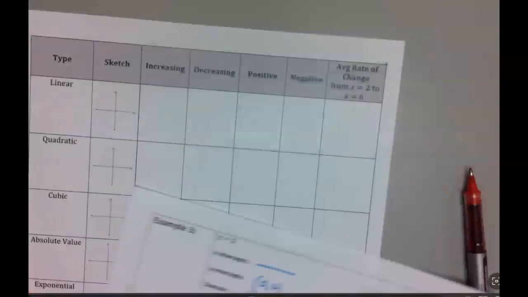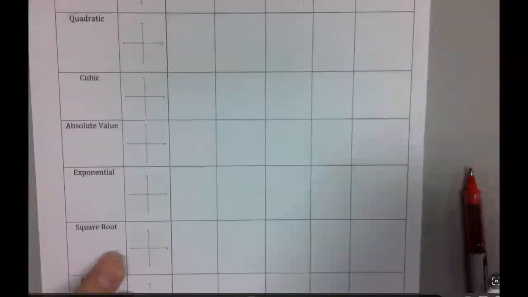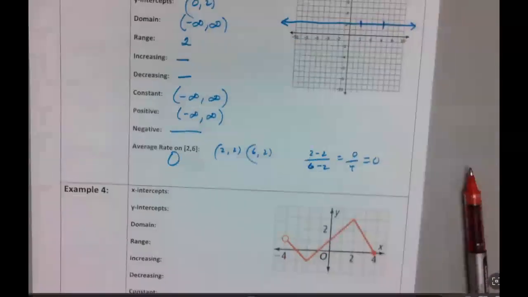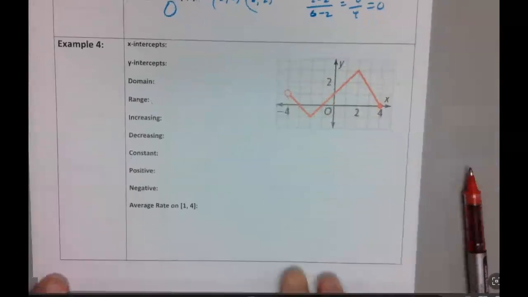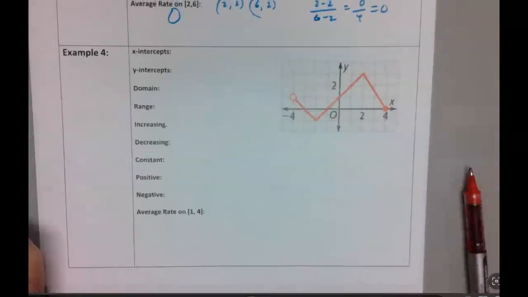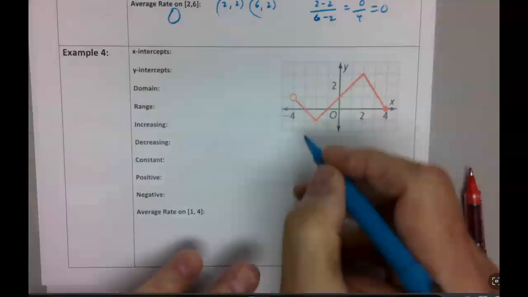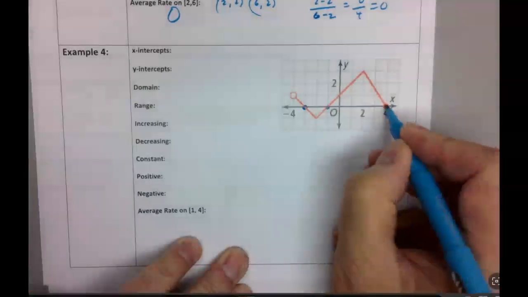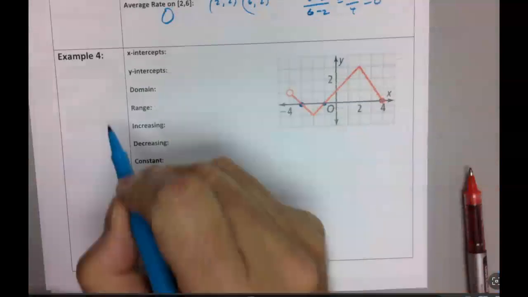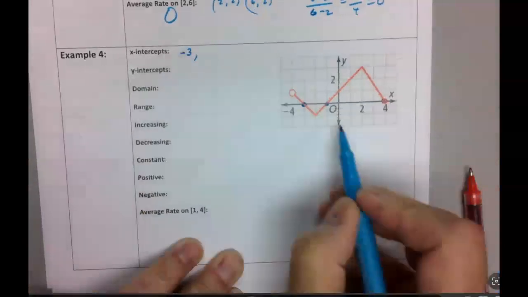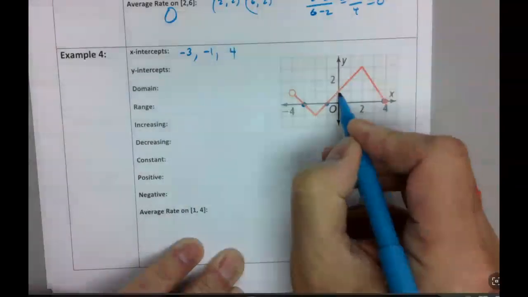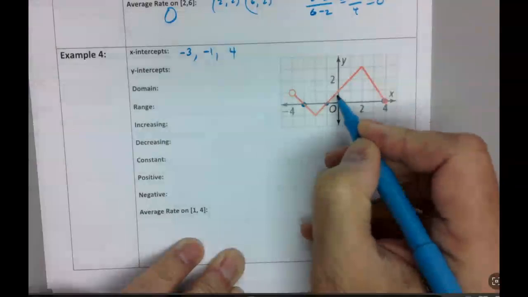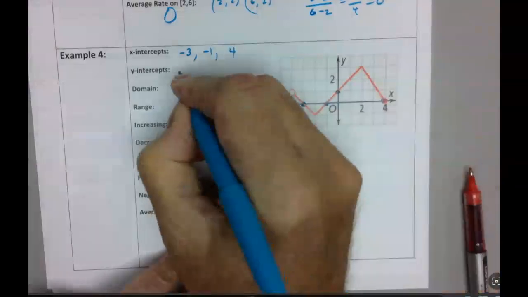All right. Example 4. Okay. So on this one here, my x-intercepts are here, here, and here. So my x-intercepts are negative 3, negative 1, and 4. My y-intercept, do you agree with me, is 1 right there. There's my y-intercept. It's 1.